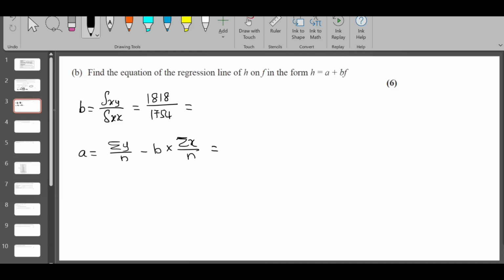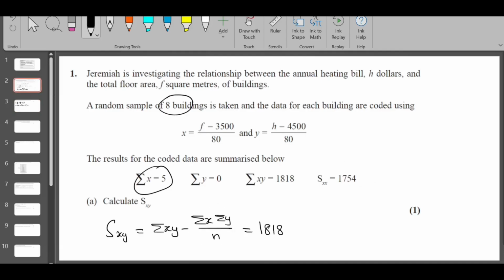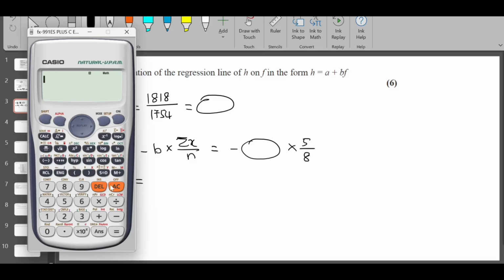Since sigma y is 0, this whole thing is 0 minus B, whatever the value we are calculating here, times x bar. So x bar is 5 over 8. So let's calculate B first. 1818 over 1754.